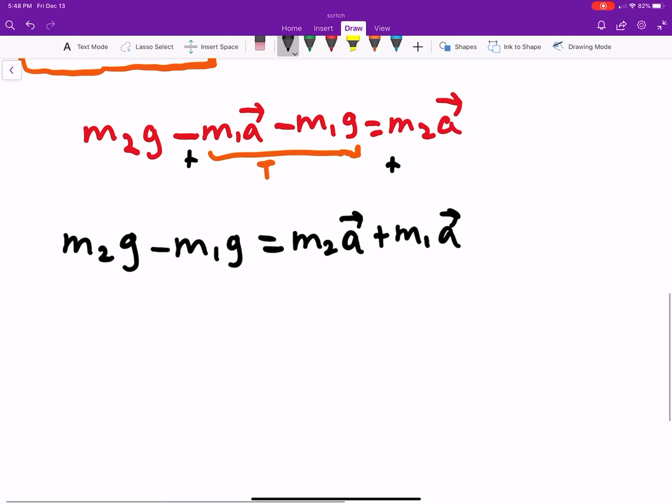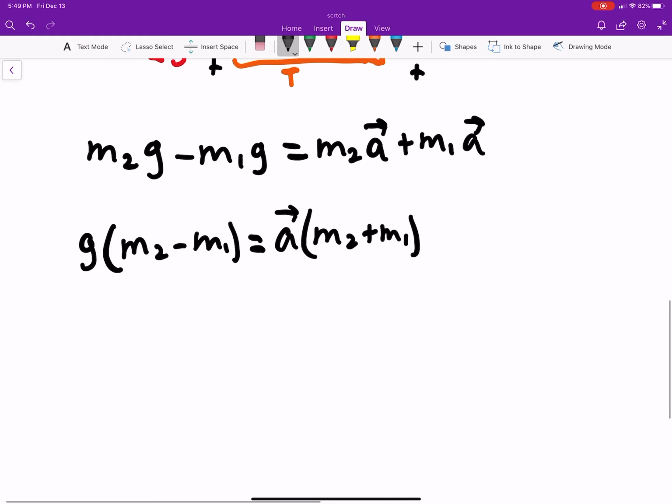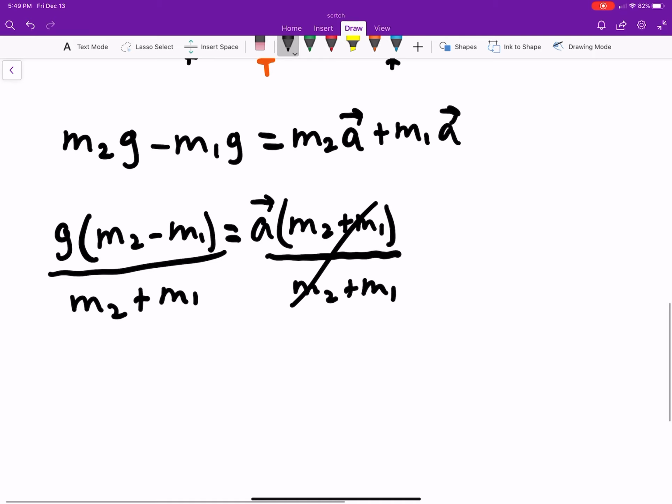On the left-hand side, I see both have a g. So I'm going to factor out a g, and I'll get g times mass 2 minus mass 1 equals, both have an acceleration, so I'll do the same thing there, m2 plus m1. Dividing both sides by m2 plus m1, that goes away.